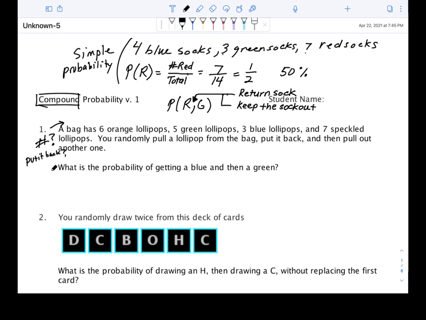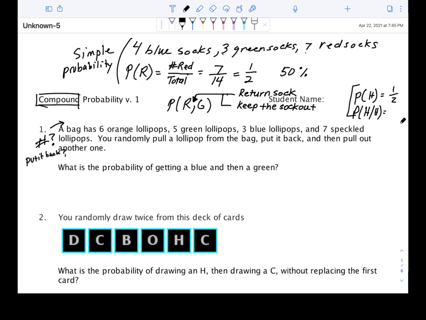Now, let's just talk about flipping a coin, a very simple probability. What is the probability of heads? That's 1/2. Just to show you how this works when I have two different events, what is the probability of flipping heads and then flipping heads? Replacement isn't an issue with coins because coins just always have two choices.